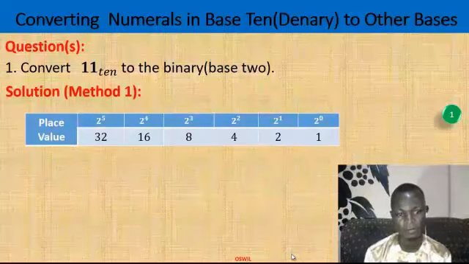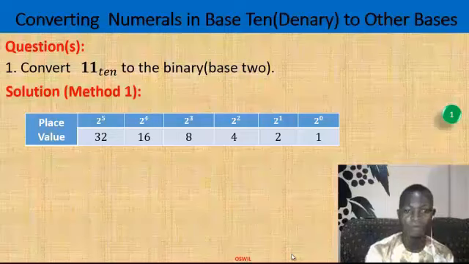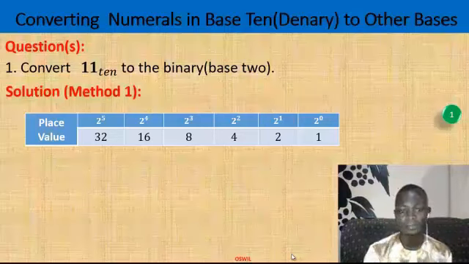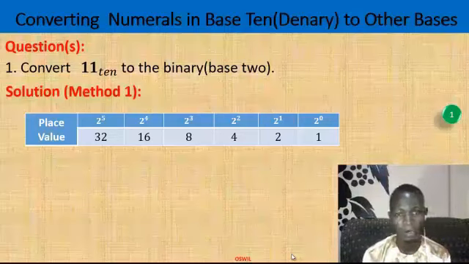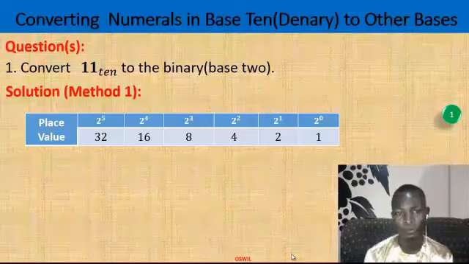The place values from right to left are 1, 2, 4, 8, 16, 32, which are powers of 2. If you still have a problem, or have not watched my video on place values of number bases, then go back and watch that. So this is the place value of the base required, which is base 2.